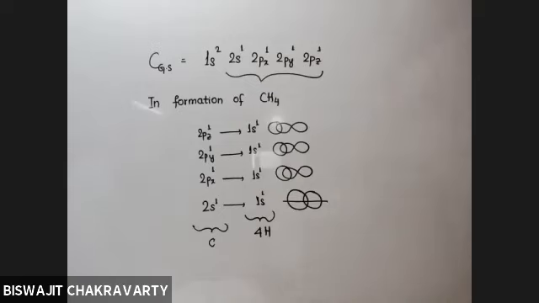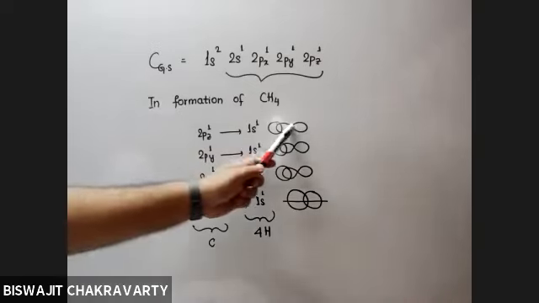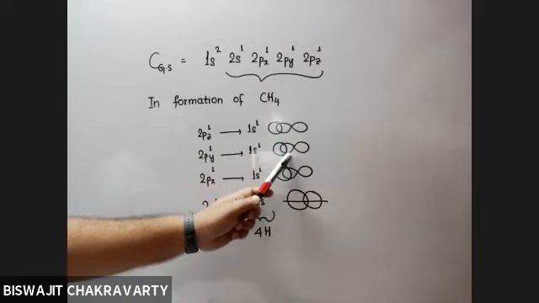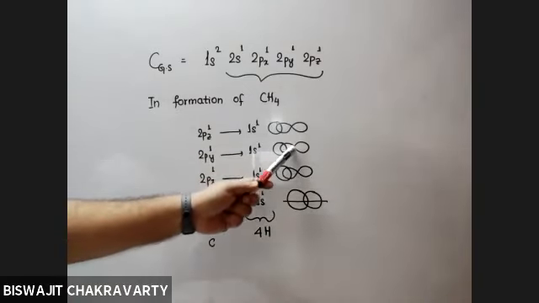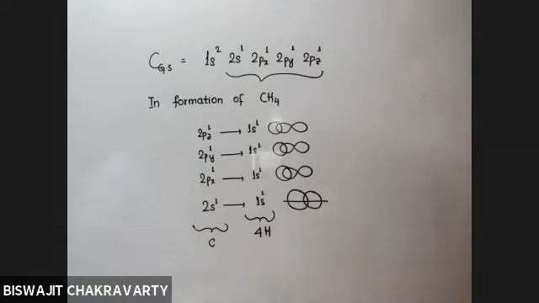And one more important thing, because these 3 p orbitals are mutually perpendicular to each other, what should be the bond angle formed between these 3? Sir, 90 degree, because mutually perpendicular means 90 degree. So this is what is expected.